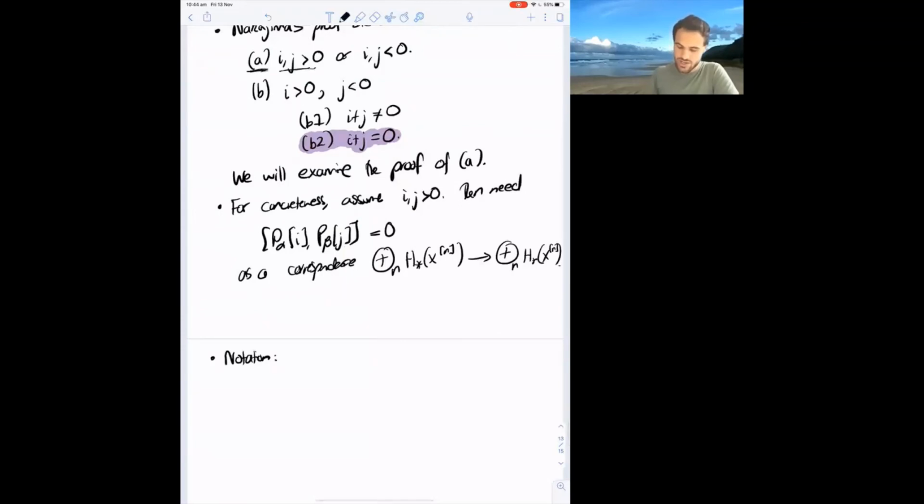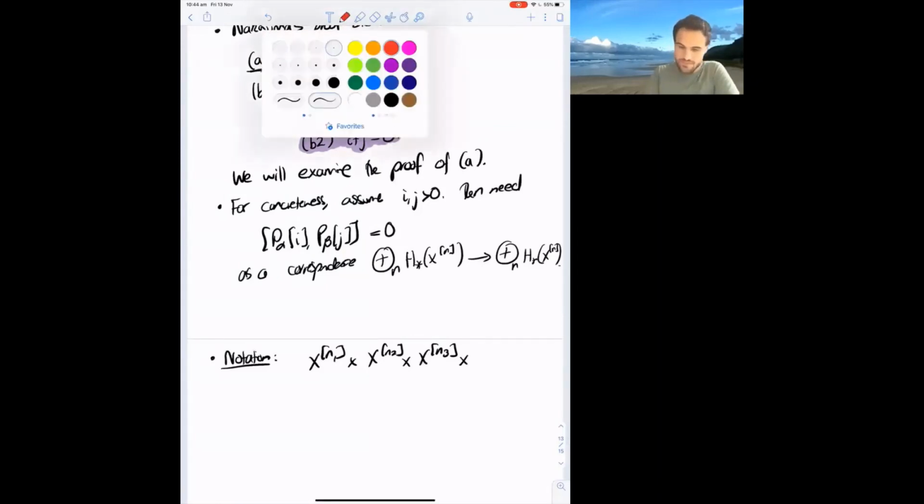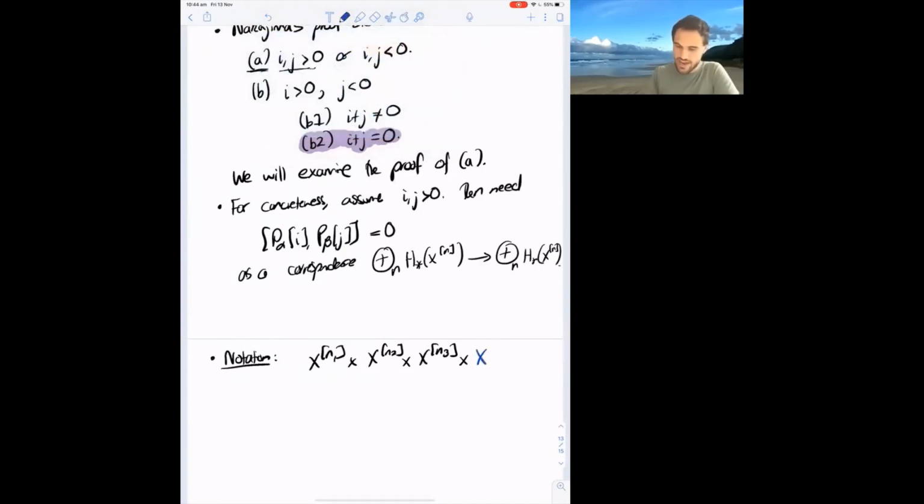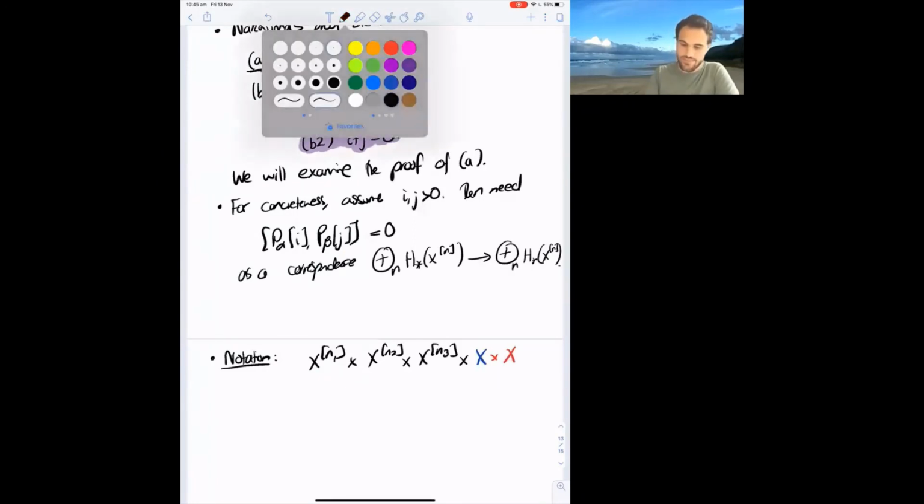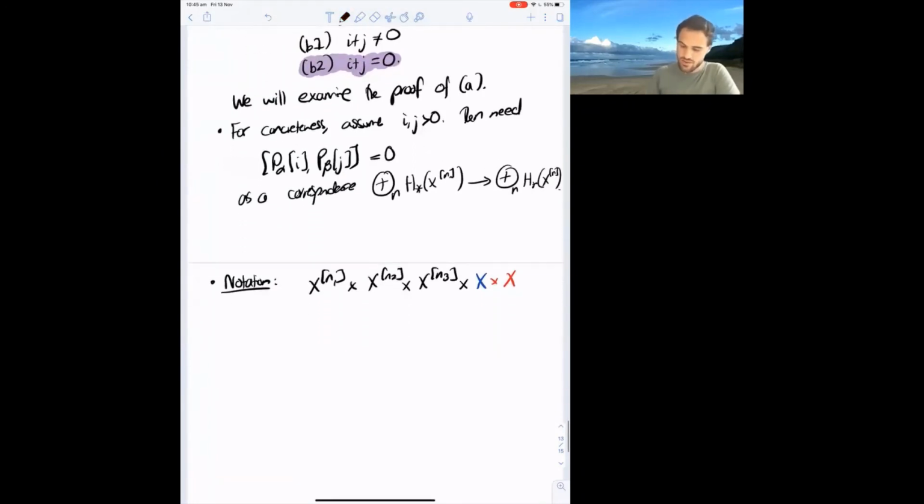Here's our notation. I need a lot of projections. When you're dealing with a composite of two of these things, you have three Hilbert schemes involved. So these are our first ones. And then we also need two copies of X, because we're going to be keeping track of supports of two things.